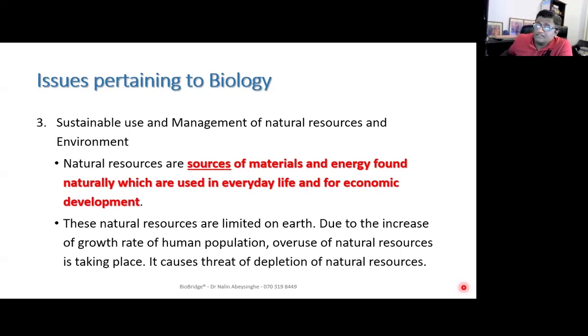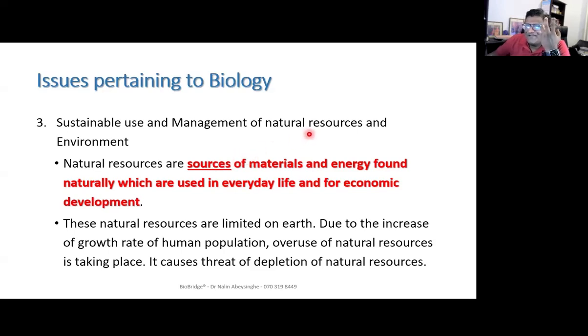So those are sources of material. It's not the material itself, it's the sources. If you take salt, we never thought that would be a problem, but now it's a problem. Salt is a little deficient, right?